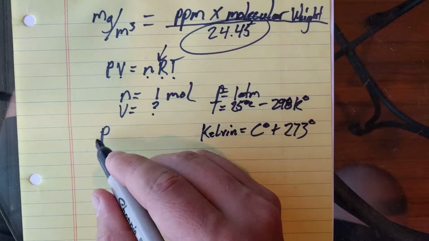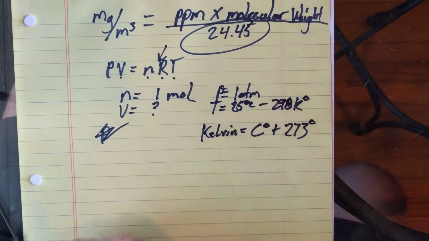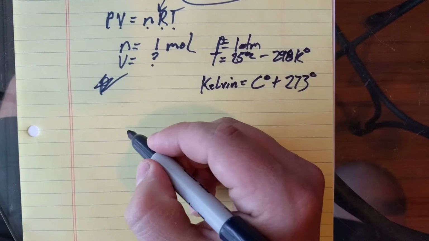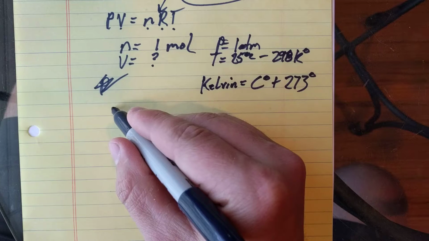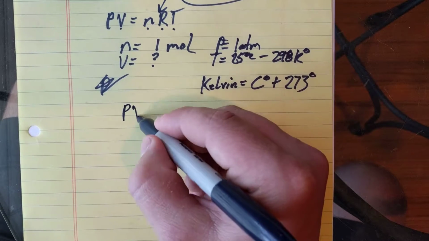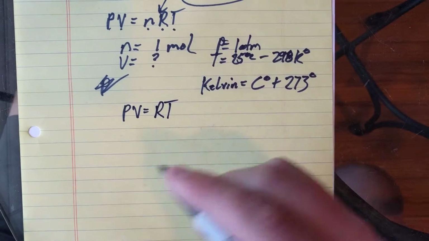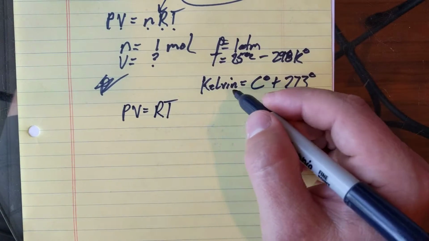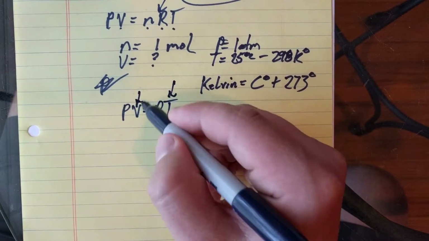So now, just using these units, we're going to plug everything in, right? So we said n is equal to 1. So now we're going to have PV is equal to RT. Now we're going to plug everything in.